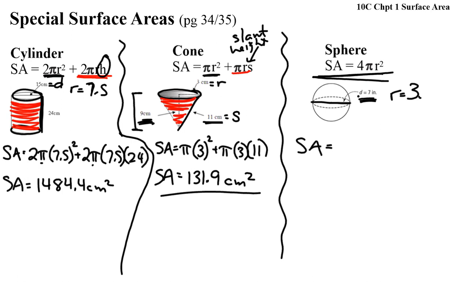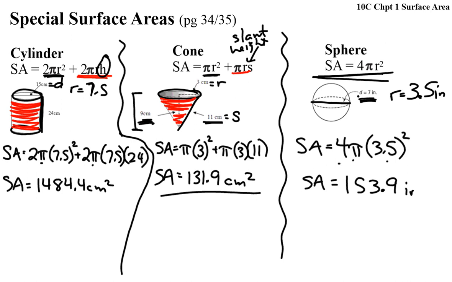We need to use the radius, which is half the diameter, 3.5 inches. So 4 times pi times 3.5 inches squared. 4 times pi times 3.5 times 3.5, however you want to work it, that works out to be a surface area of 153.9 inches squared.